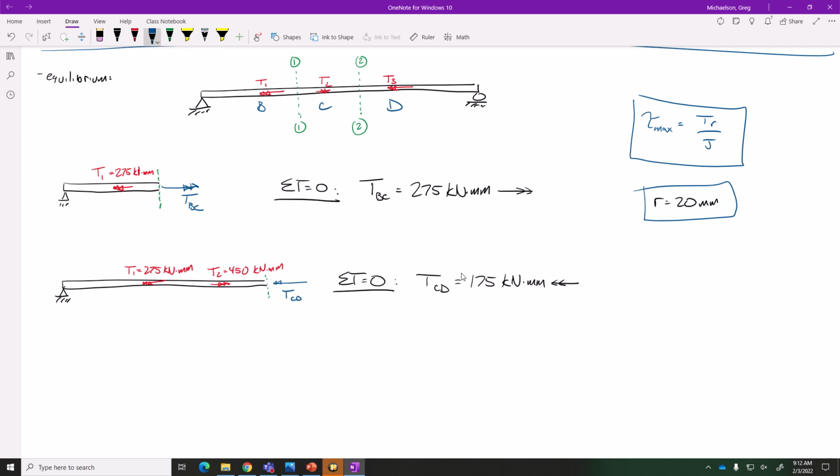So which shaft experiences the bigger stress? BC or CD? Well, the bigger torque, right? So if I wanted maximum stress, I'd just say TBC R over J. And since we're running short on time, I'm going to do this one myself.